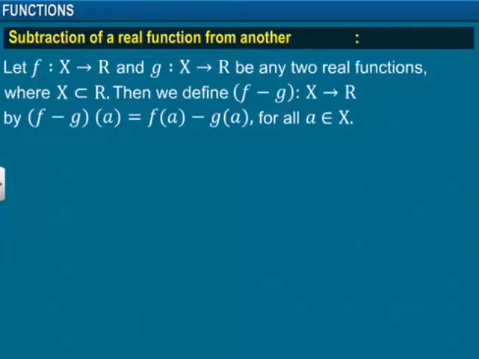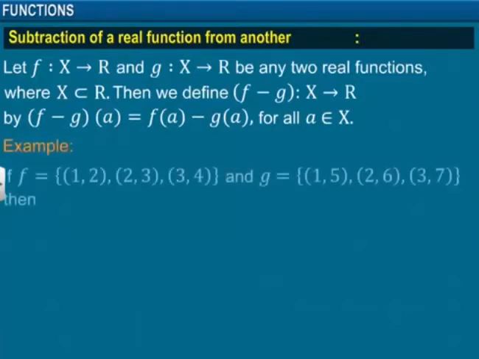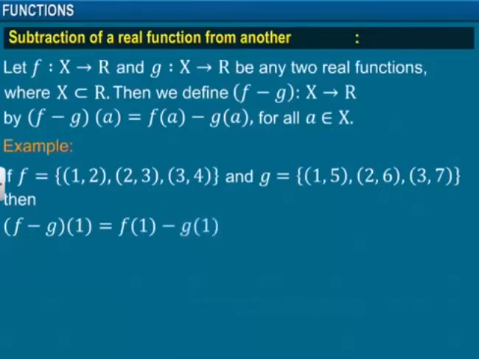Again, let us consider sets f and g as shown. (f minus g) of 1 is equal to f of 1 minus g of 1, that is, 2 minus 5. This implies the ordered pair (1, 2 minus 5) belongs to set f minus g.